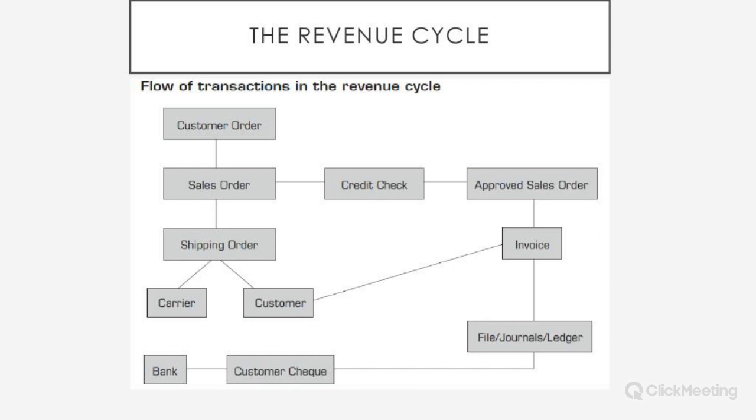What happens usually in a business is the customer places an order. That order helps raise a sales order. So through the customer order within the business, it becomes a sales order. When a sales order is raised, or is to be raised, I should say, a credit check should happen on that customer.